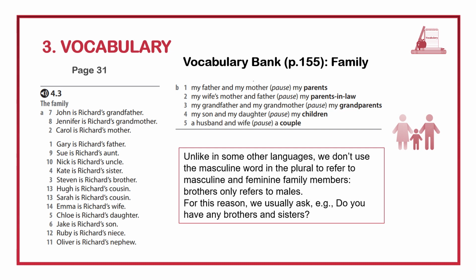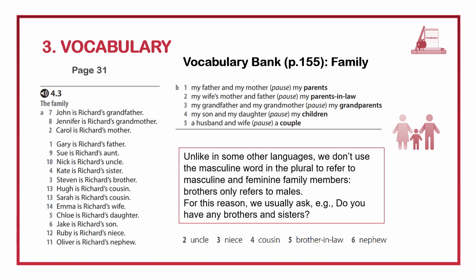She's Richard's sister. And who's Jennifer? She's Richard's grandmother. Who are John and Jennifer? They're Richard's grandparents. So remember, when you ask about one person, you say he is or she is, and then the relationship. But if you ask about two people, two or more, then you have to use they are.